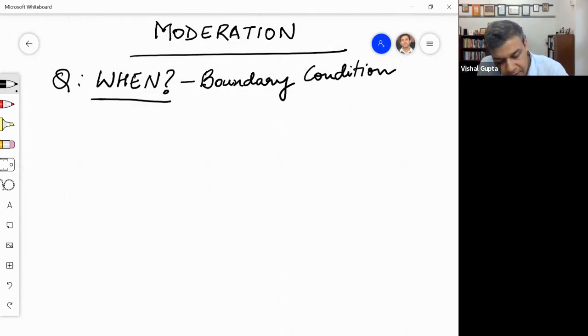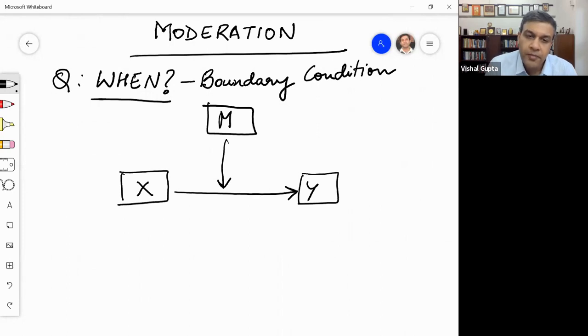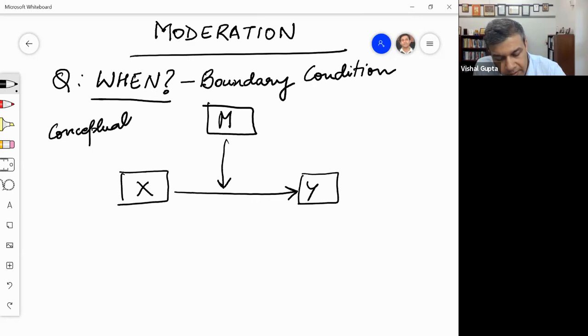Now, the first thing that you should remember or note is that when we talk about moderation, a moderation model is always drawn like this. I review a lot of papers where people are confused between the representation of moderation and mediation models. Okay, so they will talk about a mediation model but draw it like this, or they will talk about moderation but they will draw it like a mediator model. So please note that this is how a moderation model is conceptually represented.